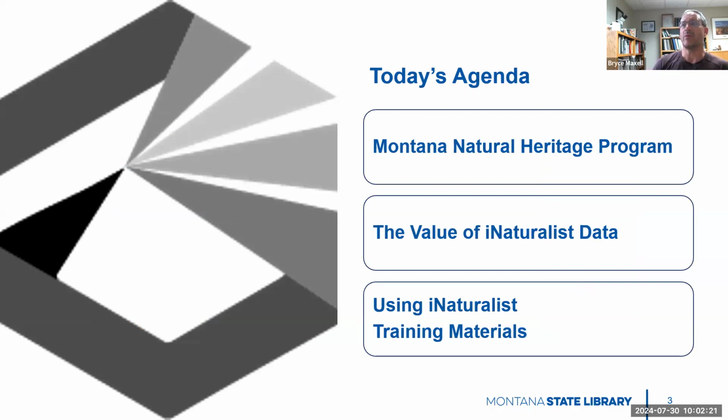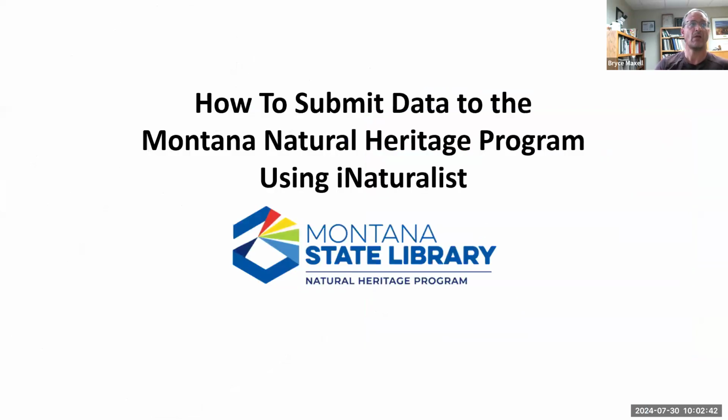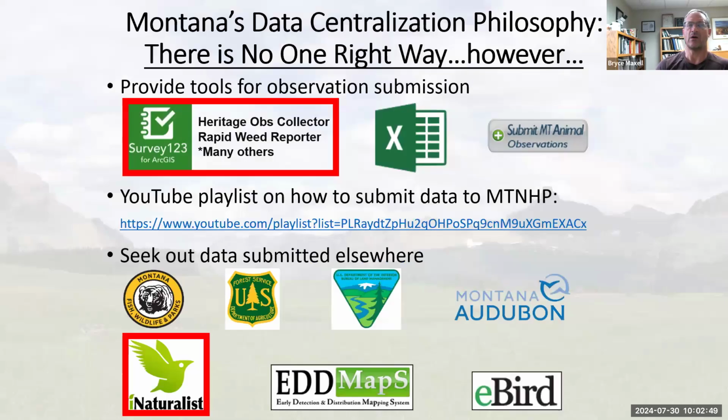And then they can use it to submit data that's actually used by resource managers. So it's a double value there. We're just going to introduce you to iNaturalist today. I'll start by talking about the value of it to the Montana Natural Heritage Program, and then we'll go through some examples of using it. The focus of this is how to submit data, but I'll go through other aspects of it.